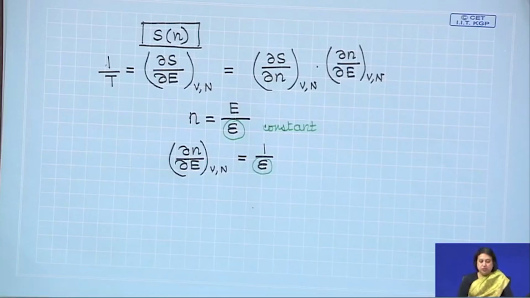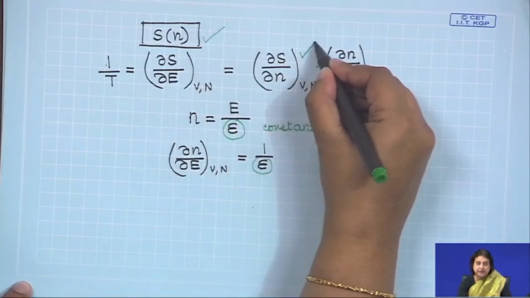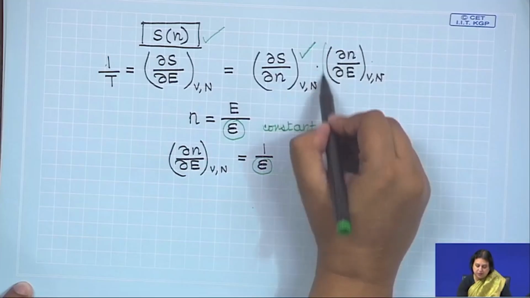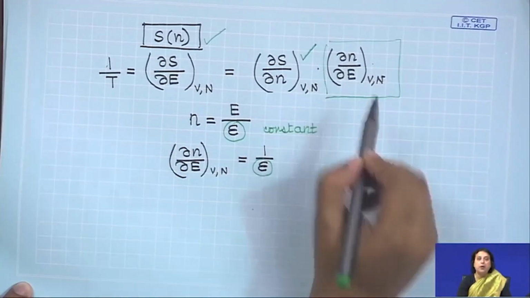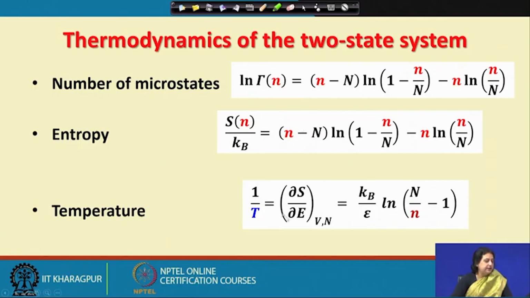If I now just look back, I know S as a function of n, therefore I can find this derivative, and I already know that the other derivative is equal to 1 by epsilon. Therefore, the result that we get is what is shown here, and this is given by kB by epsilon, then the logarithm of this fraction minus 1.